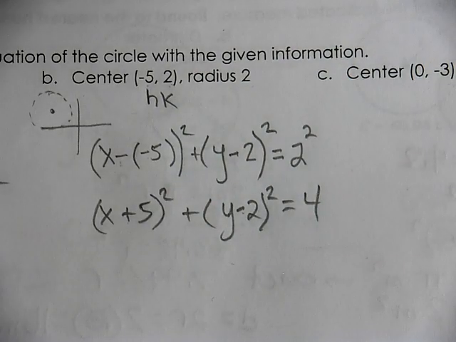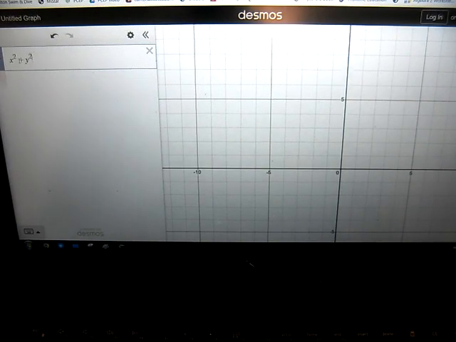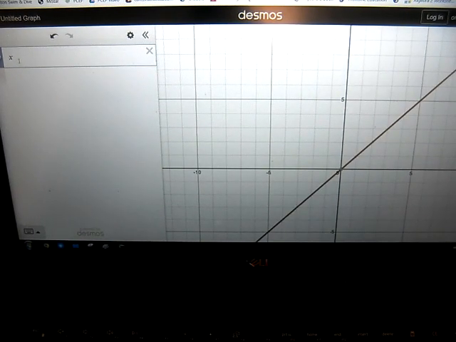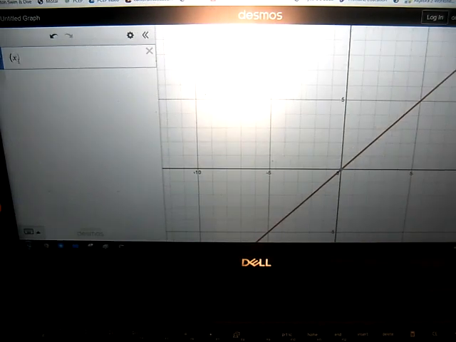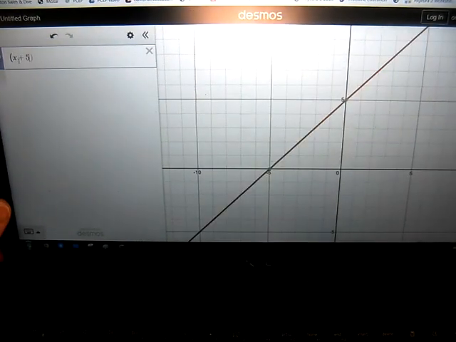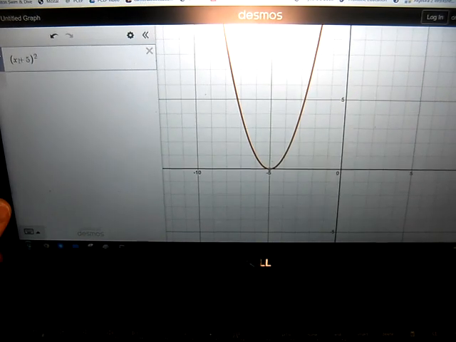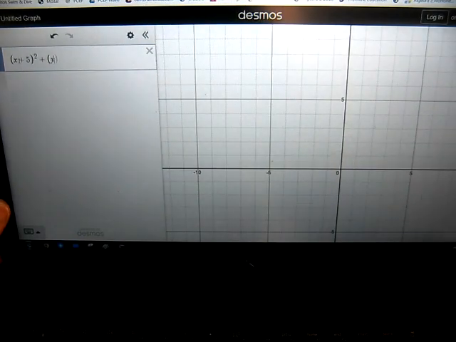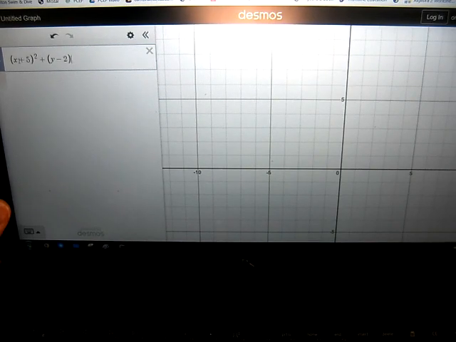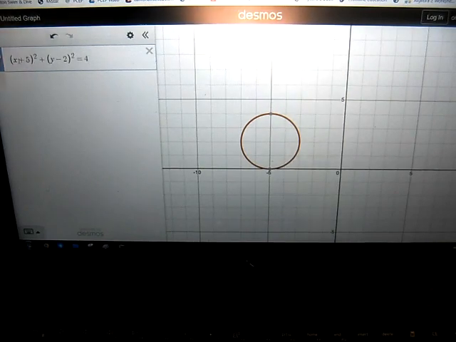And we can plug this into Desmos. We can get rid of our current equation. We had x plus 5 quantity squared plus y minus 2 quantity squared equals 4.